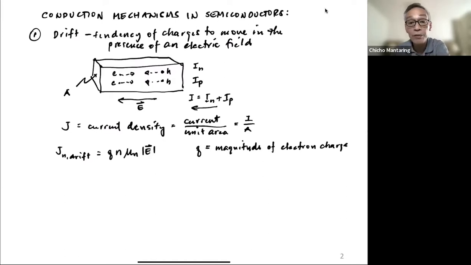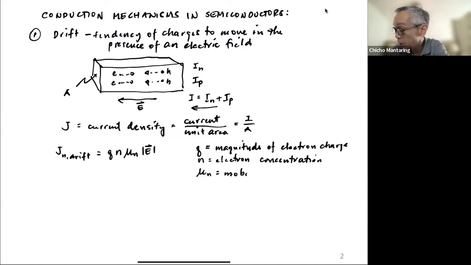Q is the magnitude of the electron charge. And then n, we know what n is. This is your electron concentration. Okay. And then mu_n, this is what we call the mobility of your electrons.